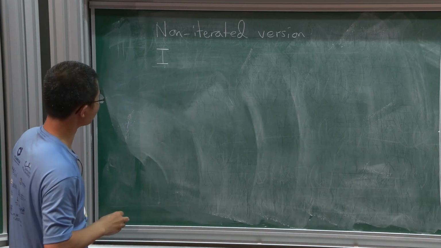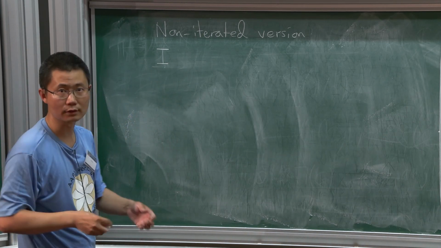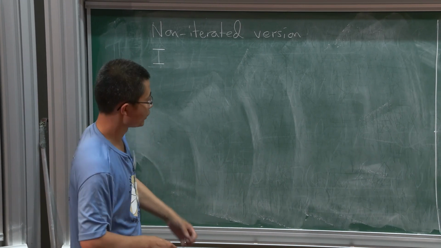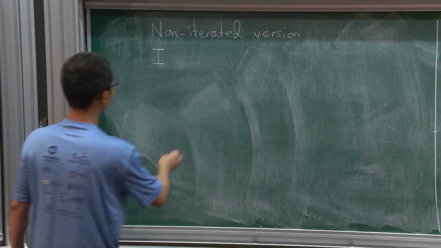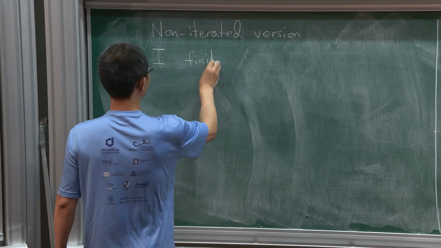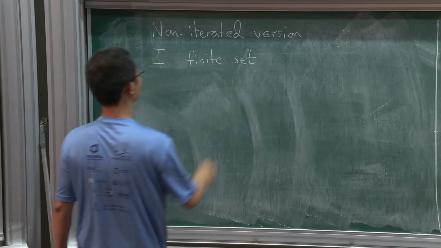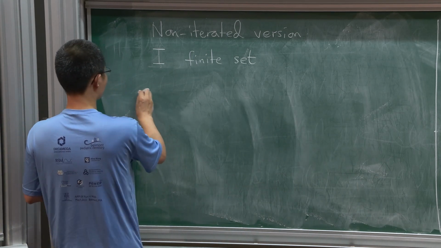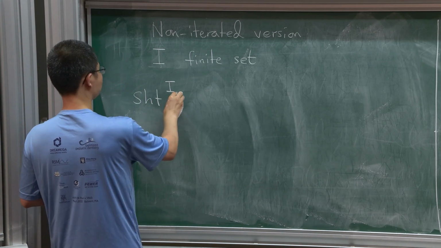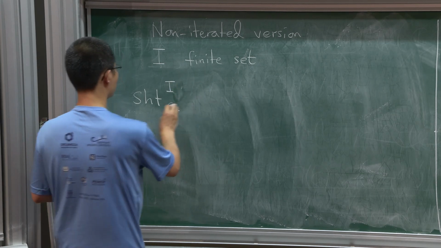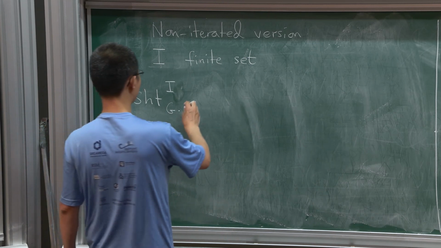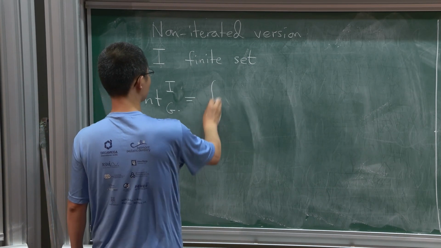Conceptually it's better to start to index these legs not by 1 through r, because that implicitly contains an ordering. We don't want to order the legs, just take a finite set, and we want to define first, without any bound, what is Shtuka I? Well, this is easy to define.